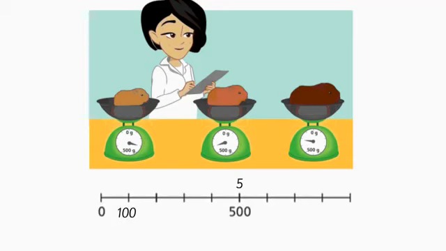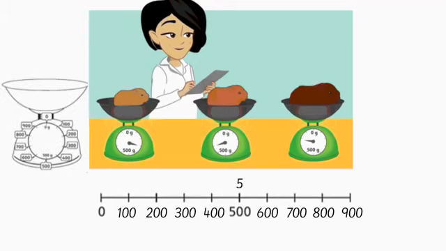Because we have 500 in the middle, we actually need to count in hundreds. Now we can write the missing numbers on the scale.